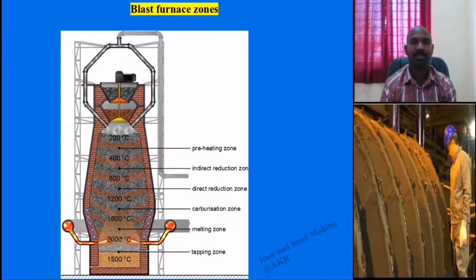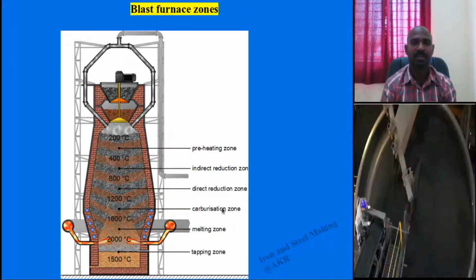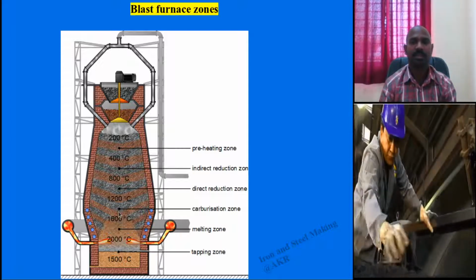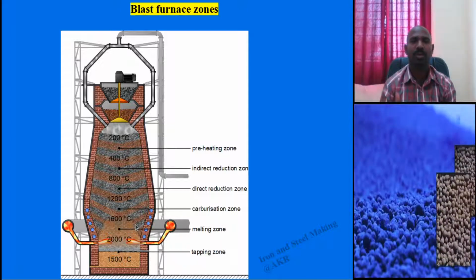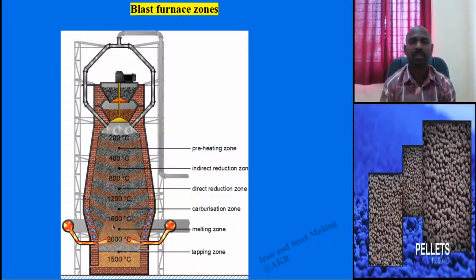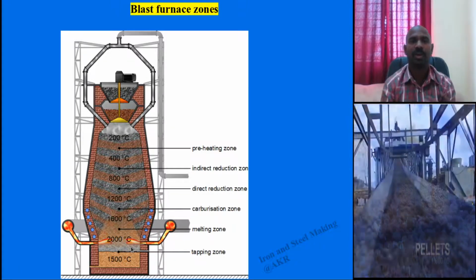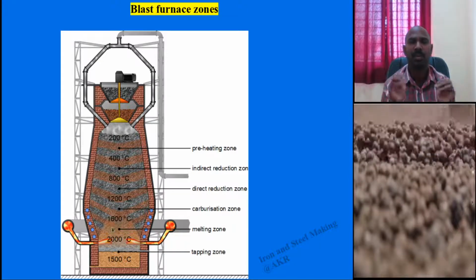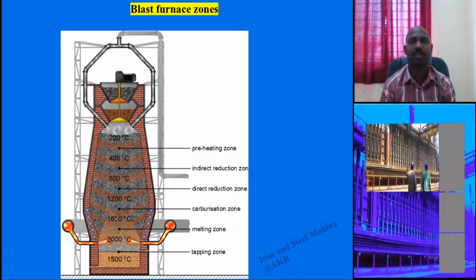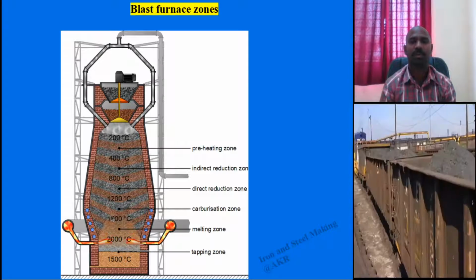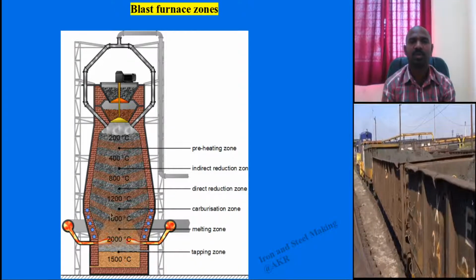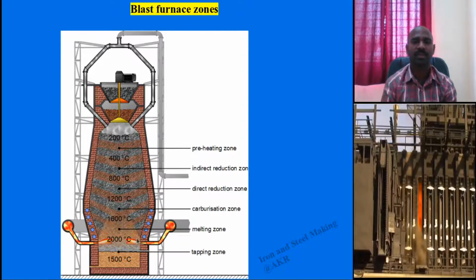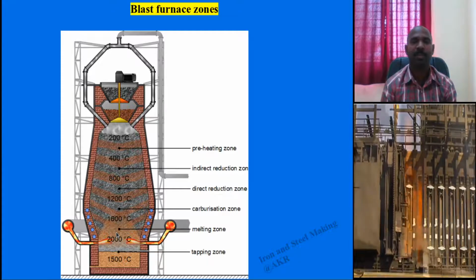Just above the hearth zone is the carbonization zone, that means coke solution, carbon diffuses into the iron and gives out the hot metal pig iron and slag formation. Whatever comes into this zone, the upper cone shape and bottom cone shape, is the descending of solid material. Upper cone shape is the melting zone.